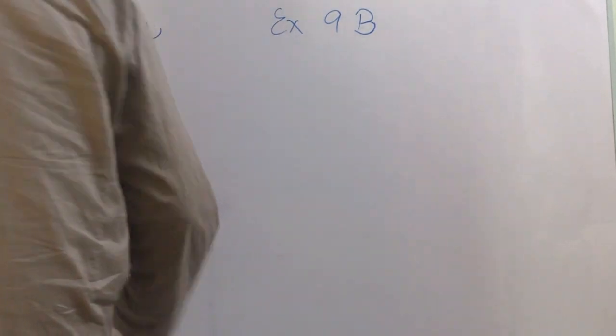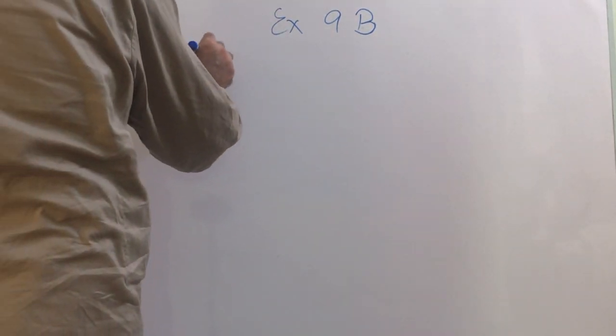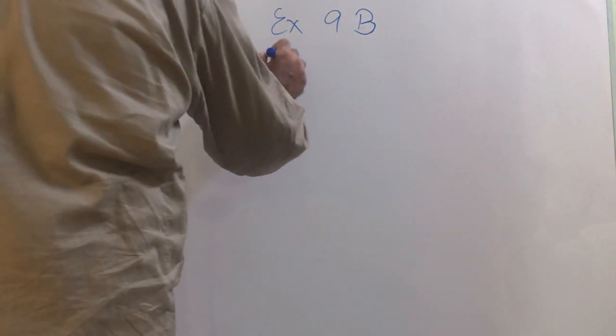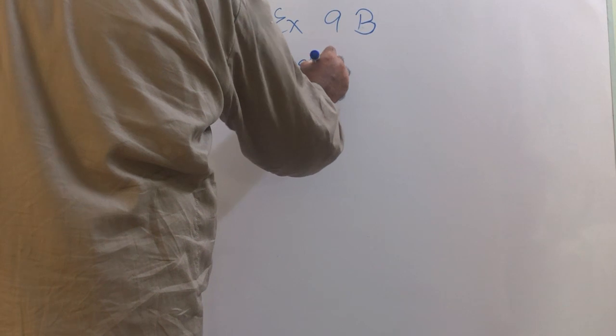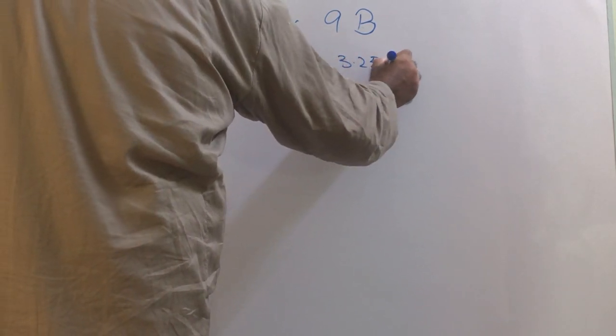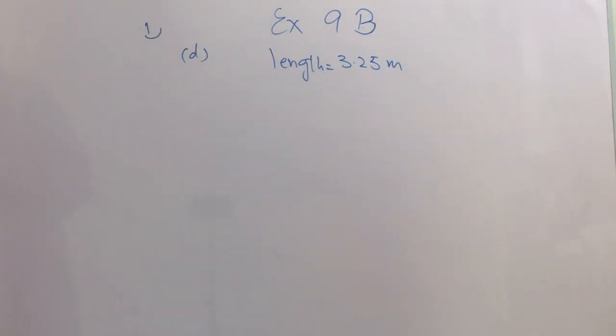Now I'll be doing part D. If the mass of a metal bar which is 3.25 meter long, length is given. The metal bar is 3.25 meter long. Its mass is 15 kg.